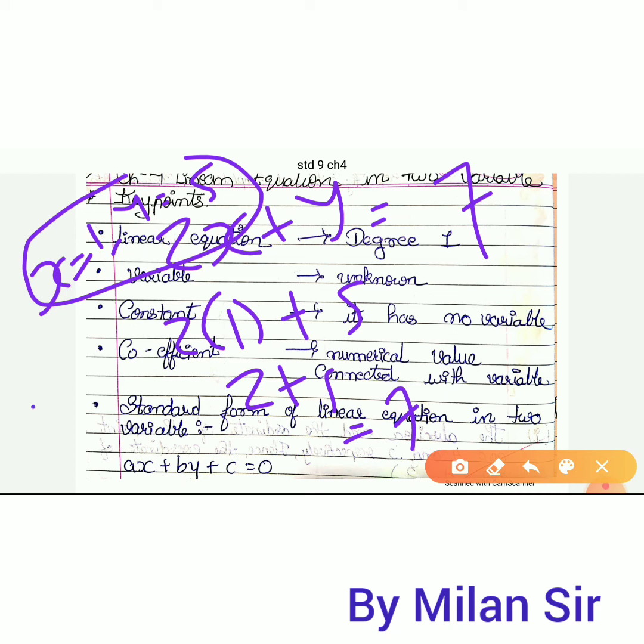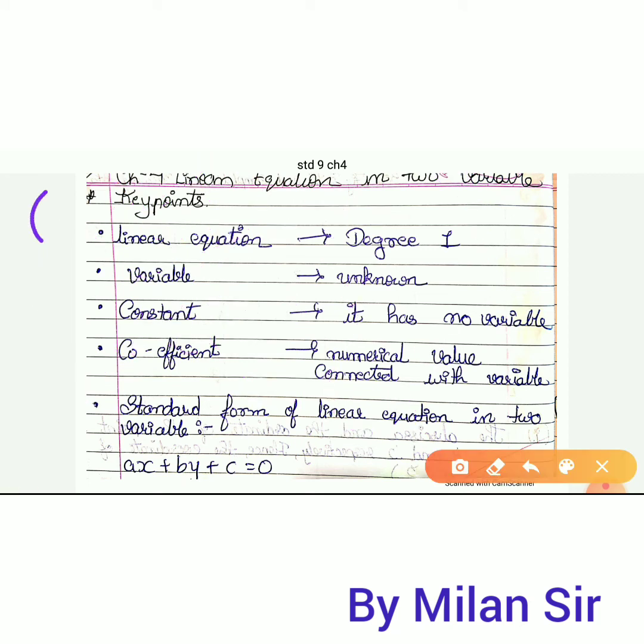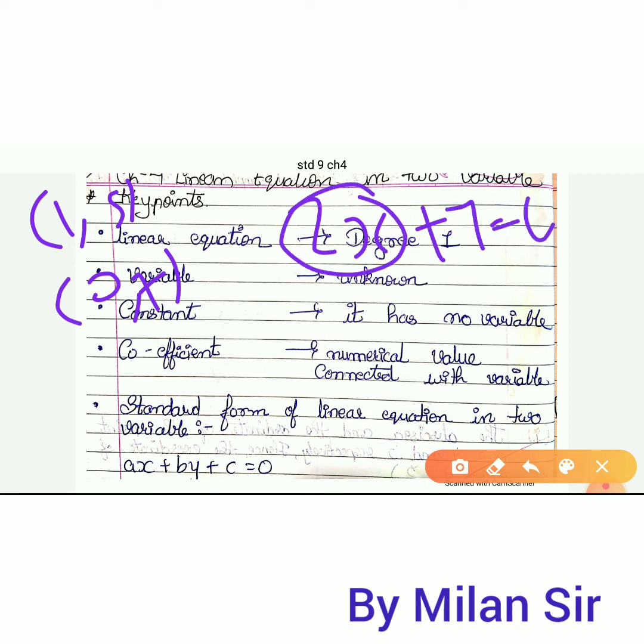You can also put x equals 0 and y equals 7. Our first solution was x equals 1 and y equals 5. Now in 2x plus y equals 7, if you put x equals 0, then 2x equals 0, so y equals 7.